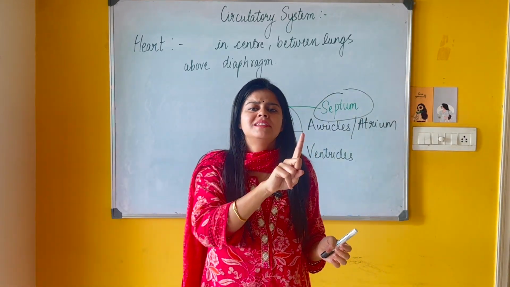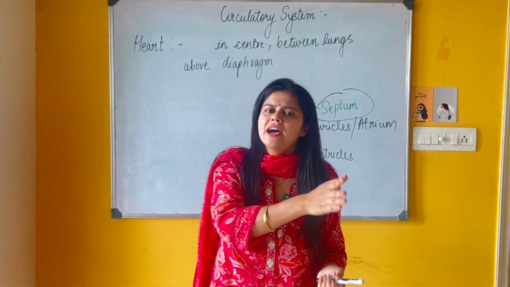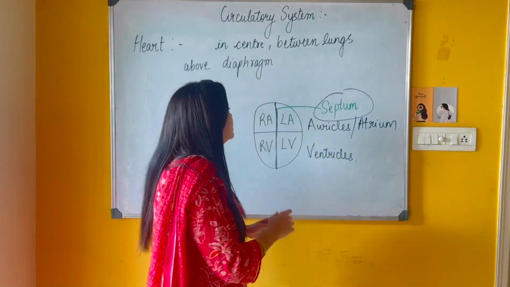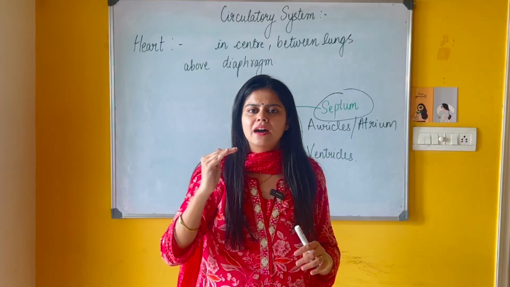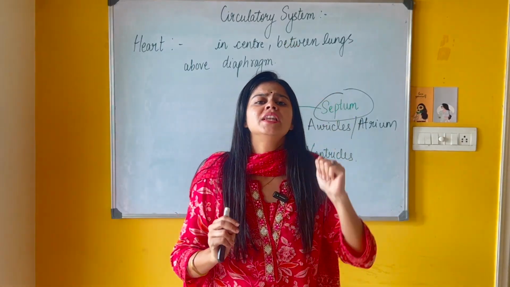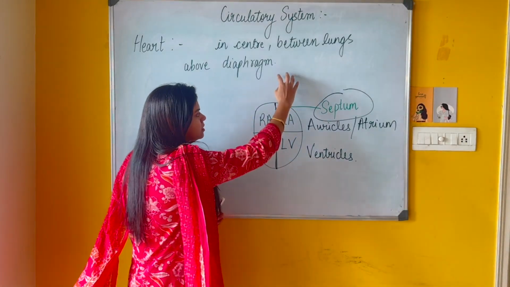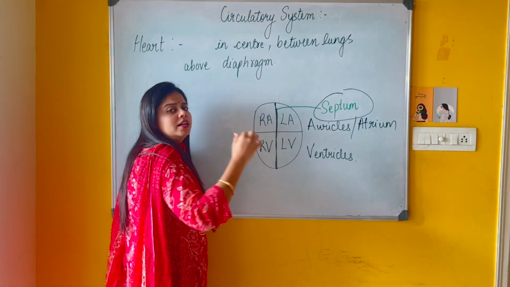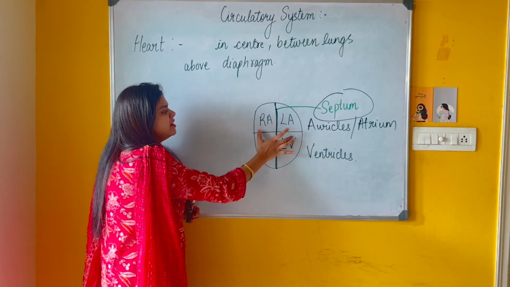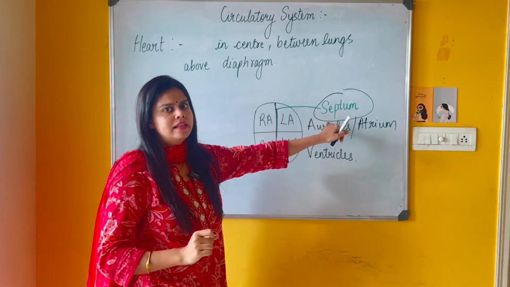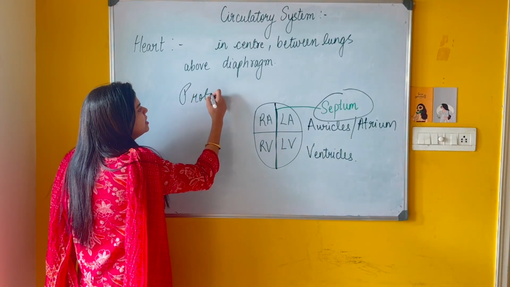The above chambers are called auricles or atrium. Below chambers are called ventricles. The human heart is divided into 2 halves, left half and right half. Oxygenated blood flows on the left side of the heart. Deoxygenated blood flows on the right side of the heart. What divides the heart into left and right side? Septum.